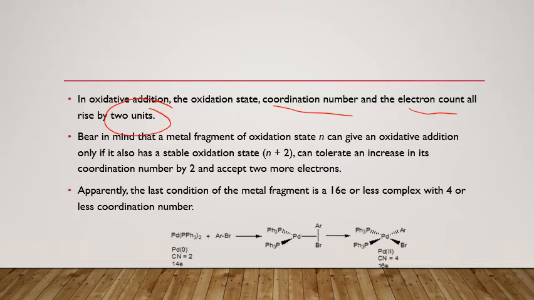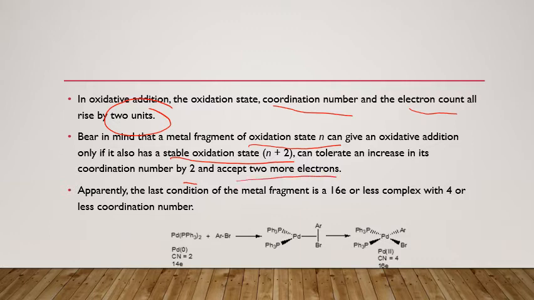And you have to remember that the metal fragment can give an oxidative addition only if it has a stable oxidation state and can tolerate an increase in its coordination number by 2 and accept 2 more electrons.